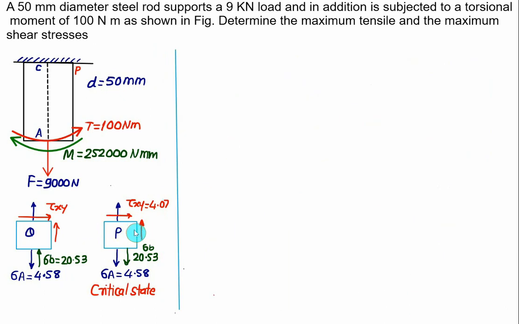So we will design here only for P, and we want to find out the maximum tensile and the maximum shear stress for P, that is the critical state. As far as P is considered, the stress acting along the x direction is sigma x, which will be equal to 0. The stress acting along the y direction will be equal to 4.58, that is the axial stress, plus 20.53, that is the bending stress.